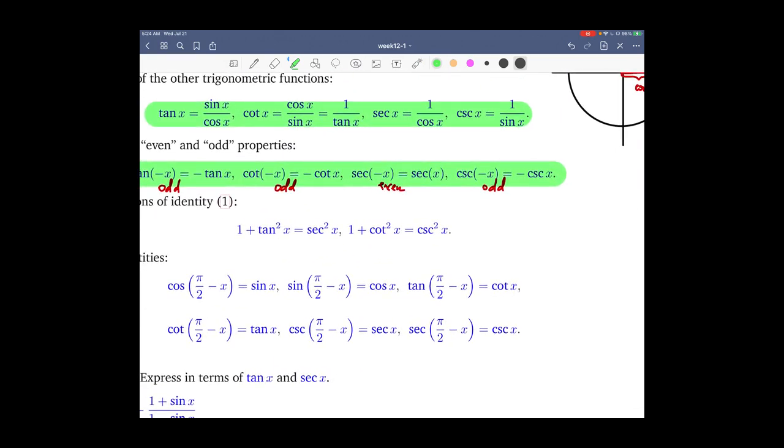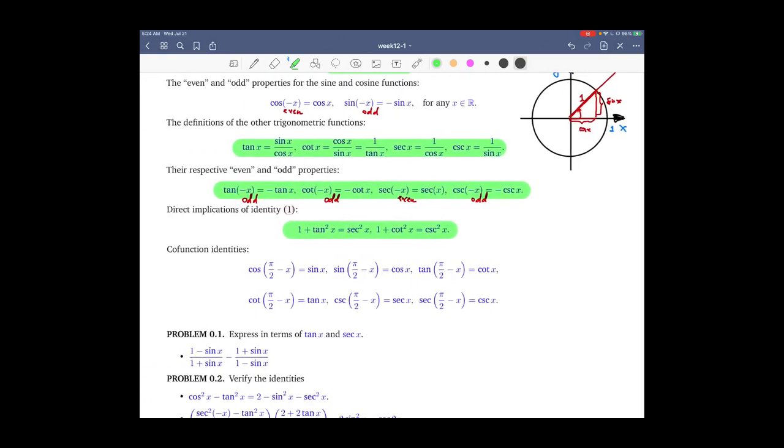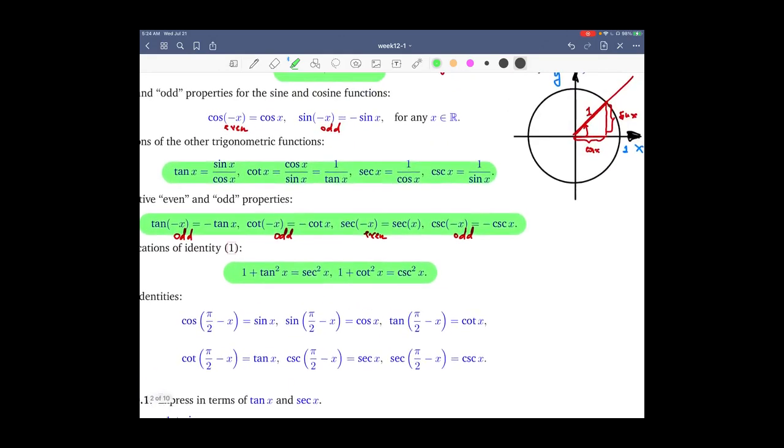These two identities are direct consequences of the main identity.